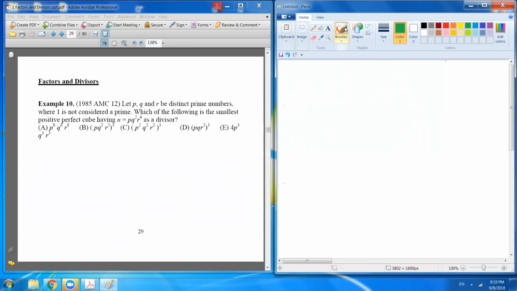Oh, you got a quick C, I see 2 C. Smart is the perfect cube. Having n as a factor, divisor.